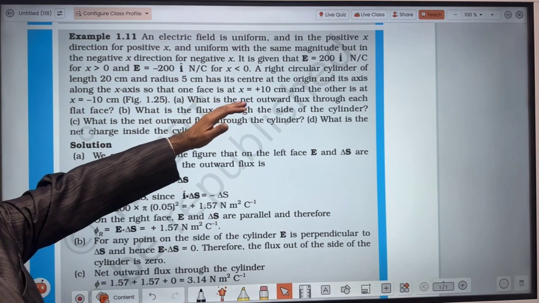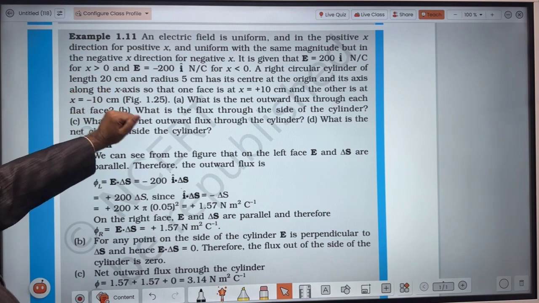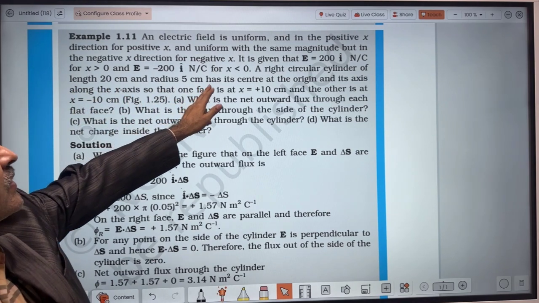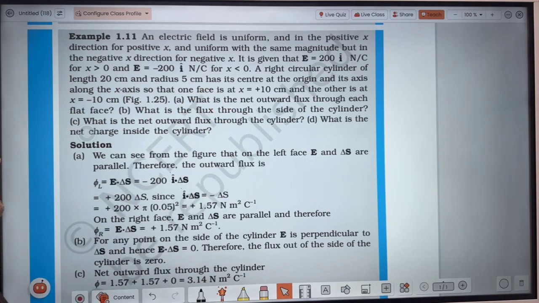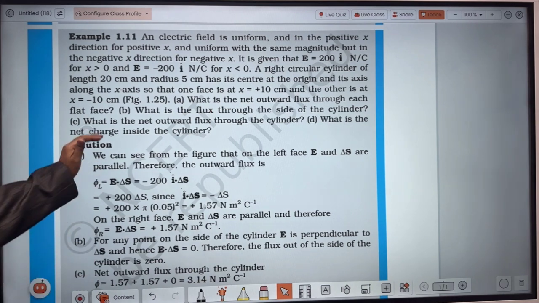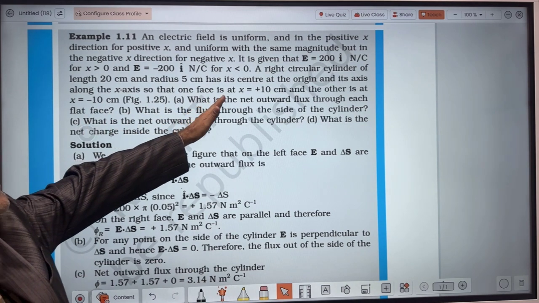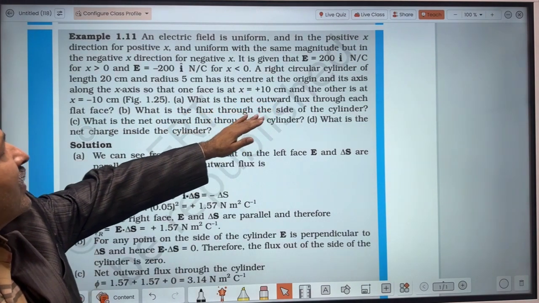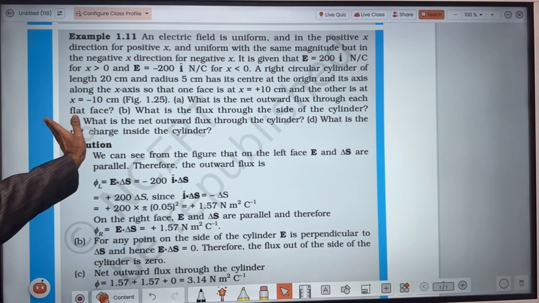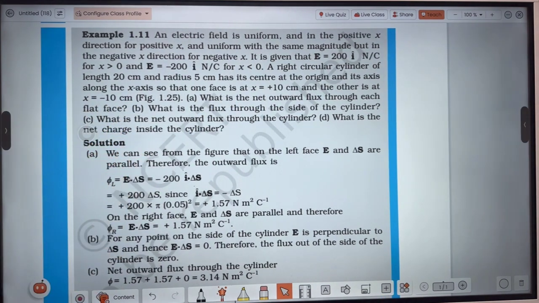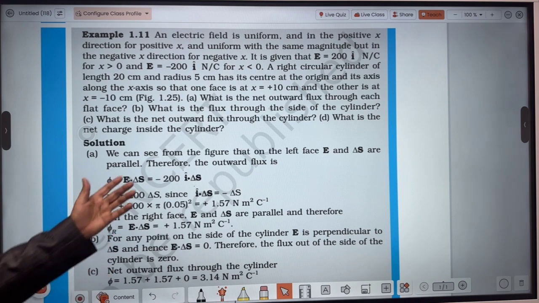A right circular cylinder of length 20 centimeter and radius 5 centimeter has its center at the origin and its axis along x-axis, so that one face is at x equal to 10 centimeter and the other is at x equal to minus 10 centimeter. So certainly distances of the faces from the origin are same.